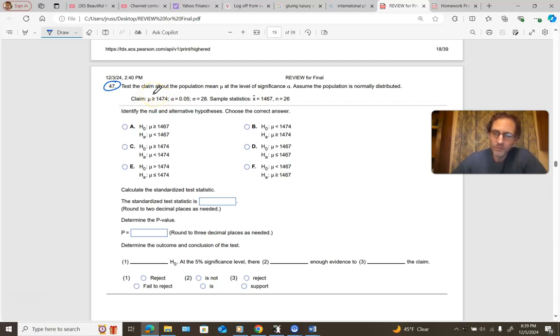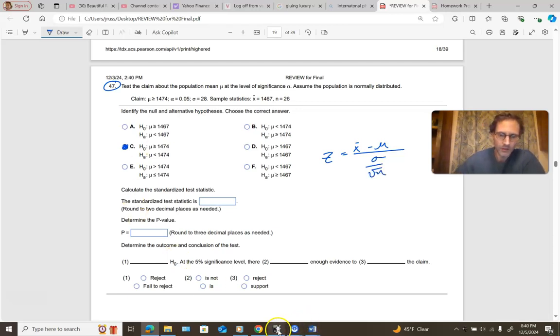So this will have to correspond to the null hypothesis. So it's got to be choice C, okay? And then calculate the standardized test statistic. Well, here again, you're going to use that same formula.